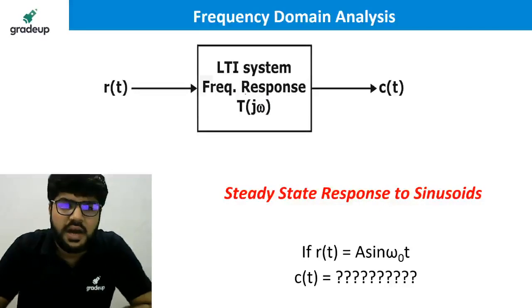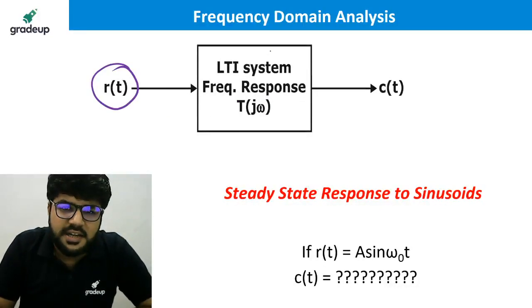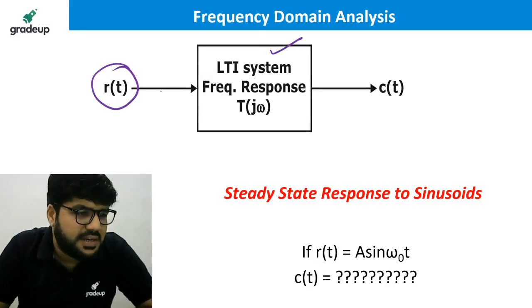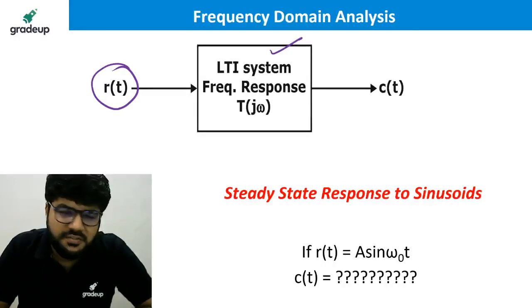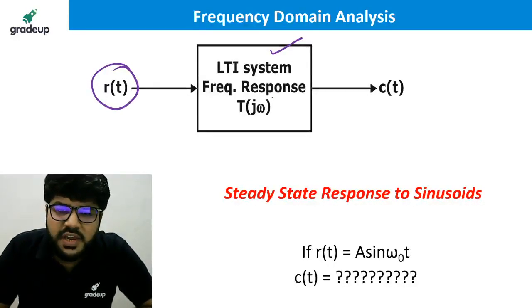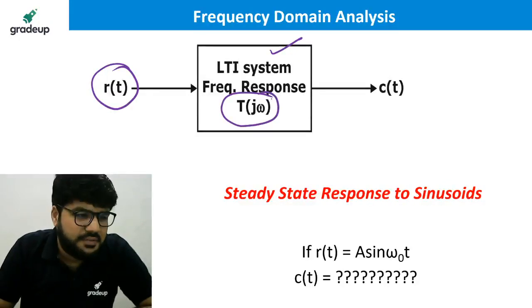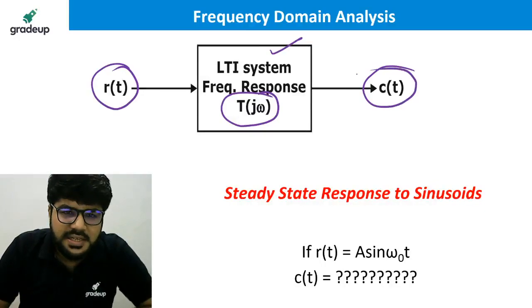So let us consider an LTI system onto which input r(t) is applied. Even a constant phase shift does not matter. The LTI system has frequency response T(j omega), and the output is c(t).